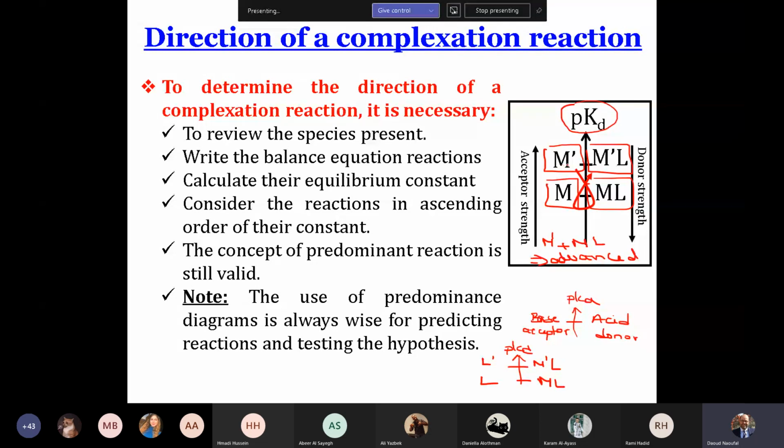In the first, we have exchange of ligand between metallic ions. M prime plus ML exchange the ligand. In the second, we have exchange of M between two ligands, L prime and L. So it depends on the type of the exercise. Look at this scale. L prime will react with ML and the reaction is advanced since it's in the direction gamma.